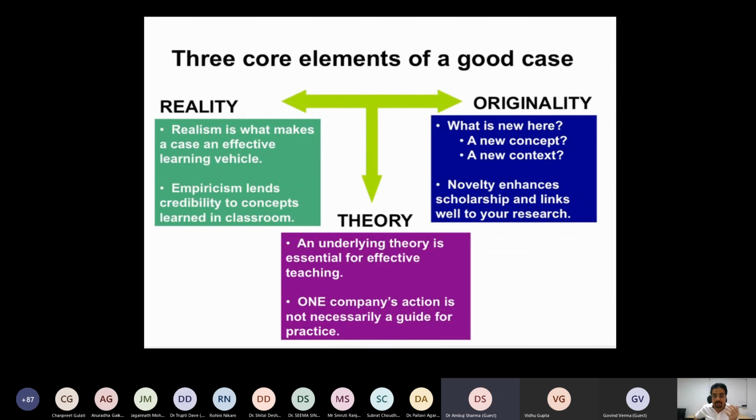And an old concept, just replicated at a different place, may not work at all. Because if you see this technology, technology is not a core competency anymore. Anyone can buy technology if you have the money, but how you run that technology, how you use it, how you make use of it is the one which makes the difference to the organization.